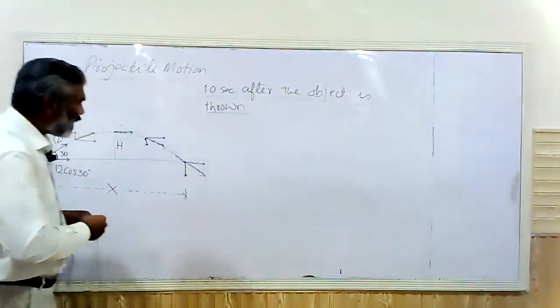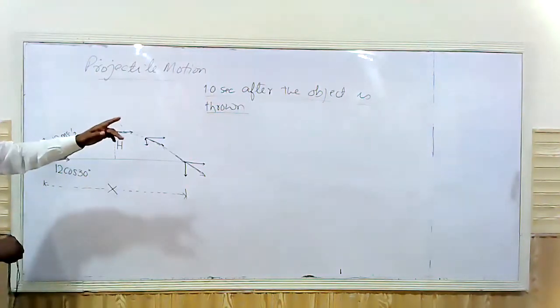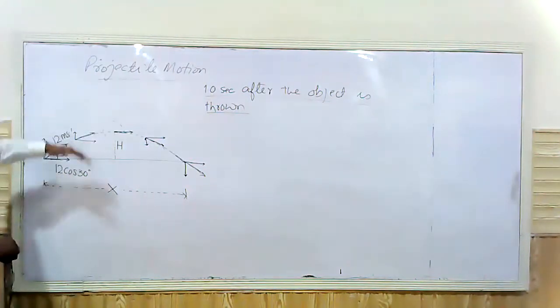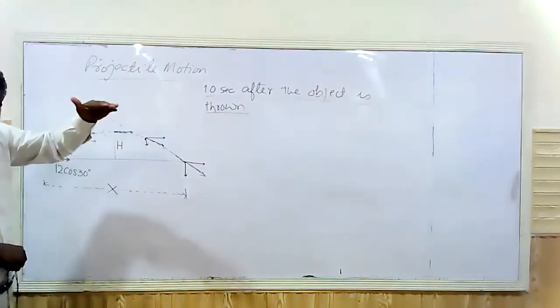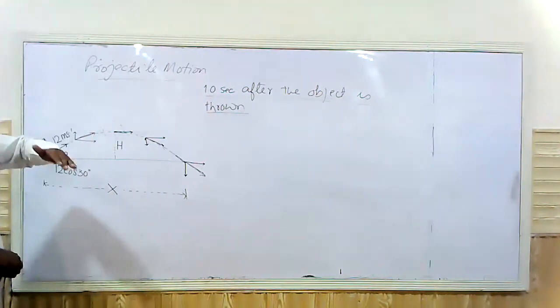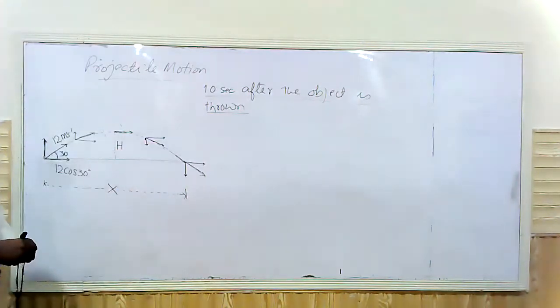Can we calculate the time now that it will take to cover that height, which is not maximum height now? Can we calculate the displacement now, the height it has gained 1 second after? The displacement can be calculated again.